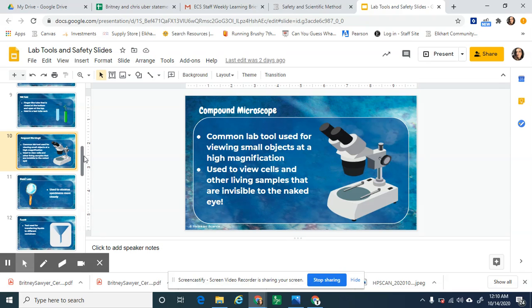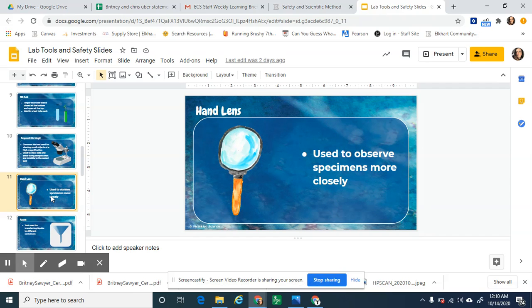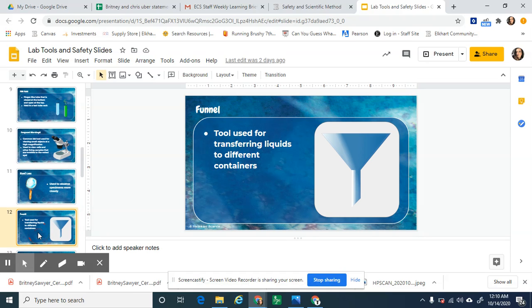It's used to view cells and other living samples that are invisible to the naked eye. Hand lenses are used to observe specimens more closely. Funnels are used for transferring liquids to different containers.